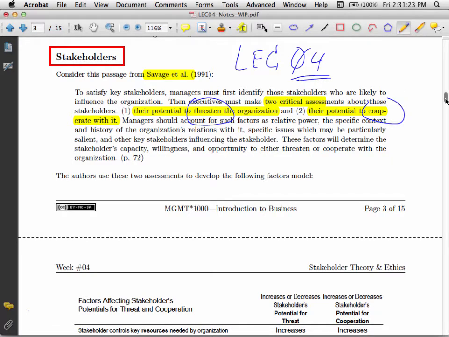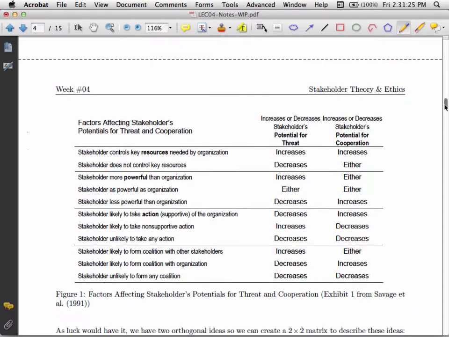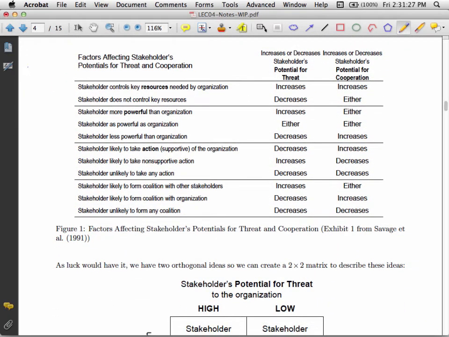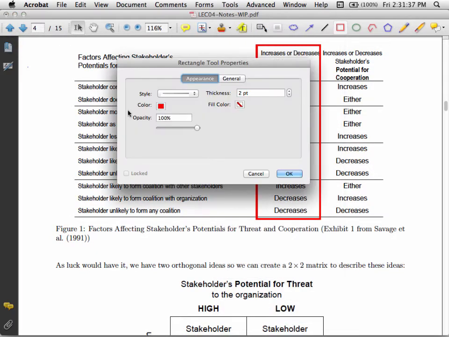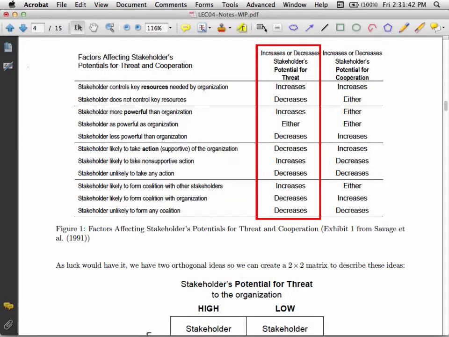And then we have this set of factors down here. And again, you can look at potential for threat, and you can also look for potential for cooperation, and give that a slightly different color to make things pop out on the page.